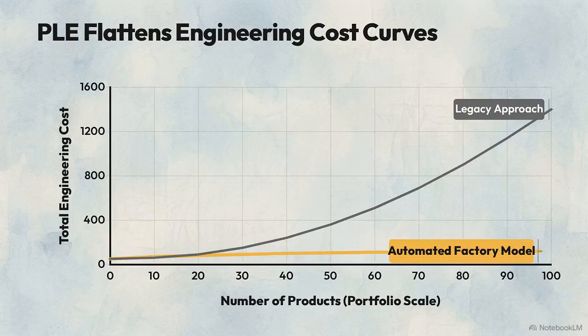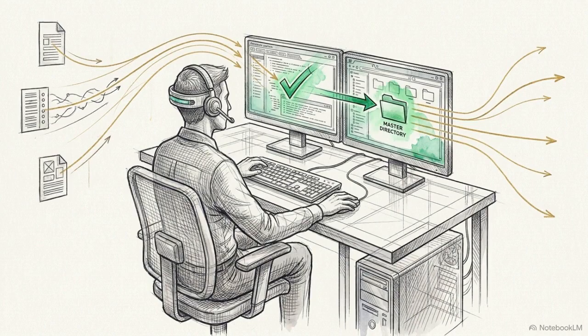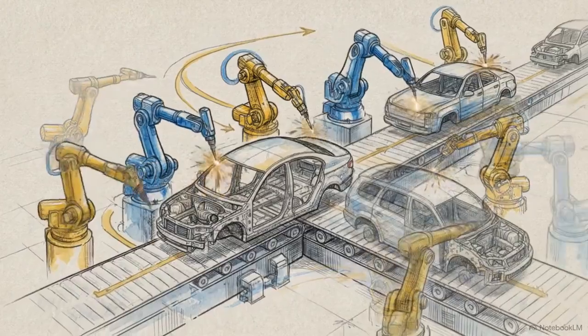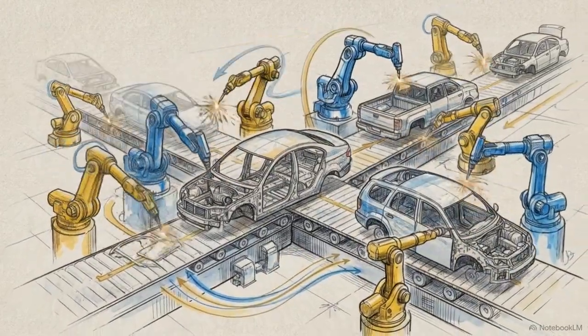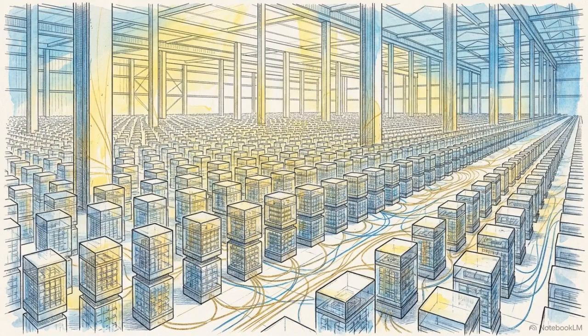But with feature-based PLE, the cost curve flattens out, a phenomenon known as superlinear cost avoidance. Because maintenance and testing only occur once inside the core superset, the marginal labor required to add a highly complex new variant stays nearly constant, regardless of the product line's total size.